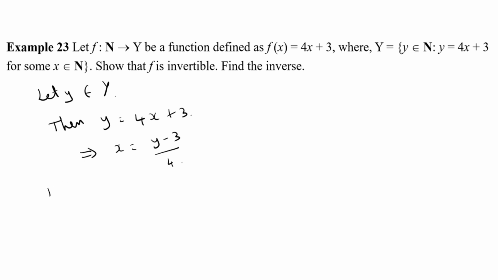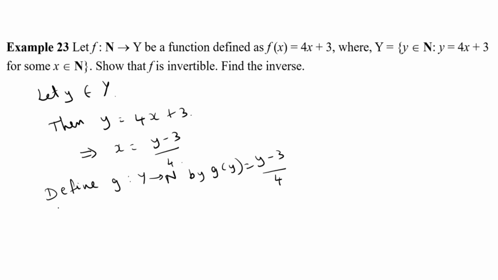Now let us define g from Y to N by g of y is equal to (y minus 3) by 4. Now we have to show that g is the inverse of f.